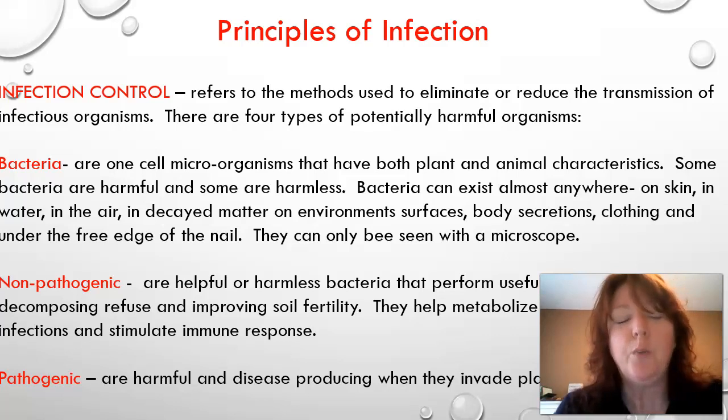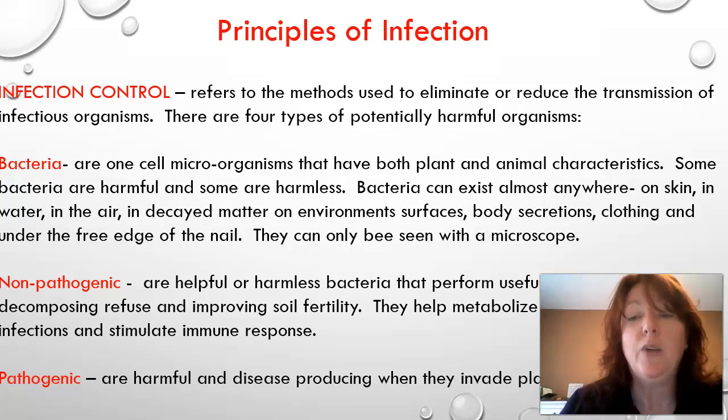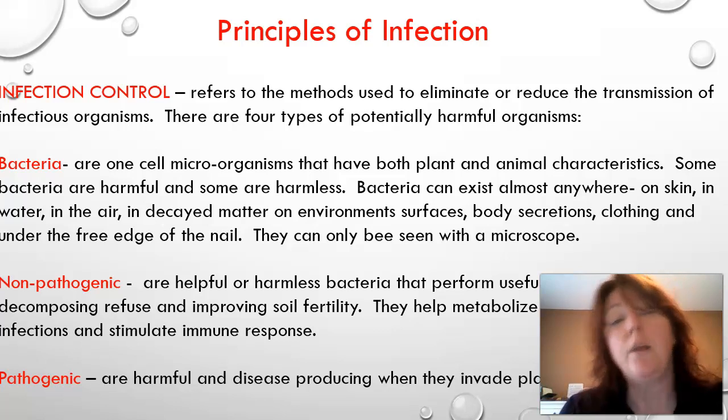So it's important to understand that bacteria are one-cell organisms that have both plant and animal characteristics. Some bacteria are harmful and some are harmless. Bacteria can exist anywhere, on the skin, in the water, in the air, pretty much anywhere, but they can only be seen with a microscope. So non-pathogenic are helpful or harmless.